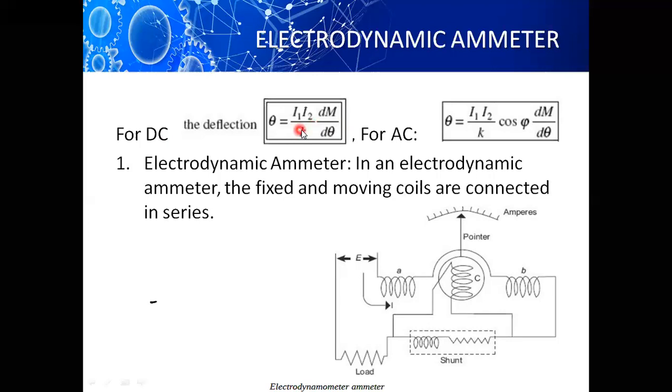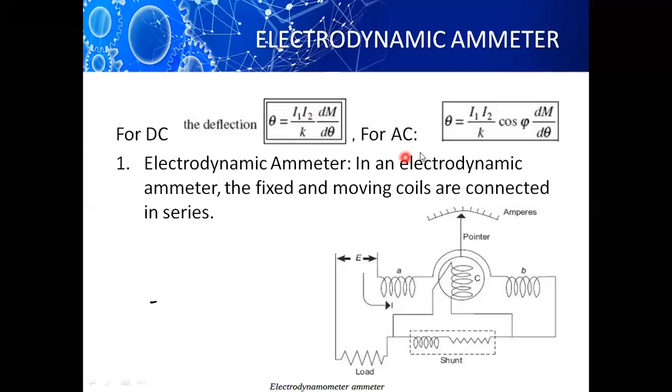We had deflecting torque as I1 I2 dM by d theta, and control torque is K times theta. From that we can write that theta is equal to I1 I2 dM by d theta by K. So this is how we get the expression for angle of deflection. This is for DC, hence instead of instantaneous values we put the values directly.